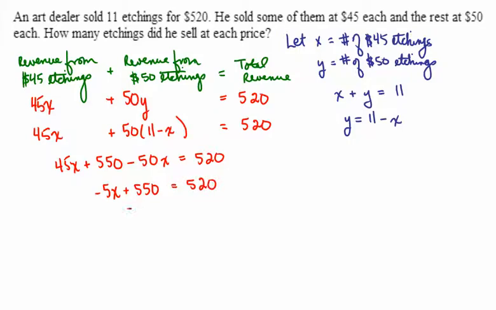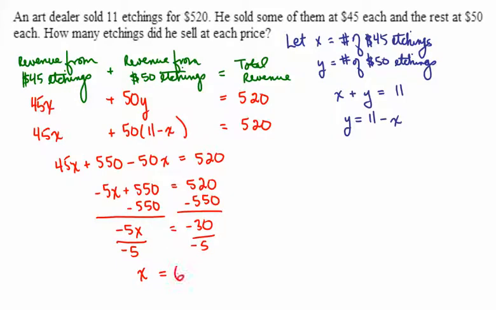At this point, we're going to subtract 550 from both sides. Negative 5x is equal to negative 30. We divide both sides by negative 5, and we get x is equal to positive 6.